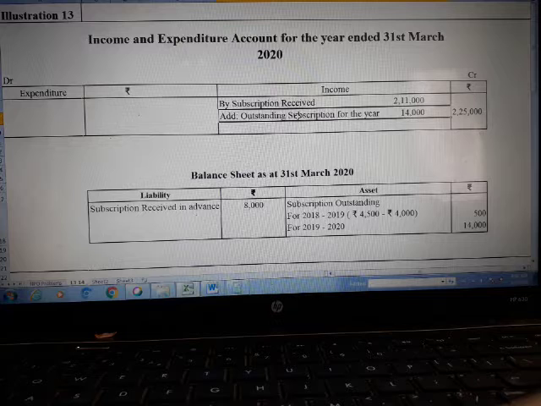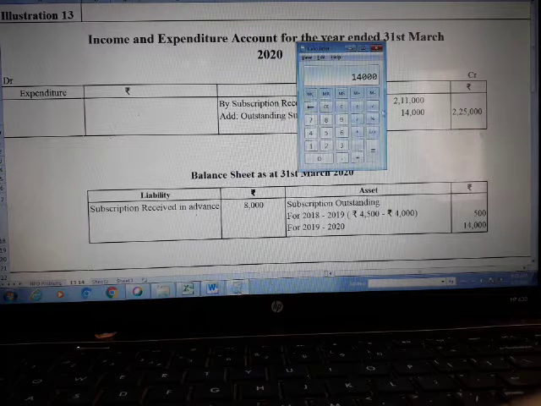And what is the amount that I have to receive further? I should still receive 14,000. That means it's the outstanding. How did I get this? Once again I'll show you the calculation. They said there are 450 members in the club. Each member is paying 500 rupees as subscription. When I multiply that, I get the overall amount to be received as 2,25,000.